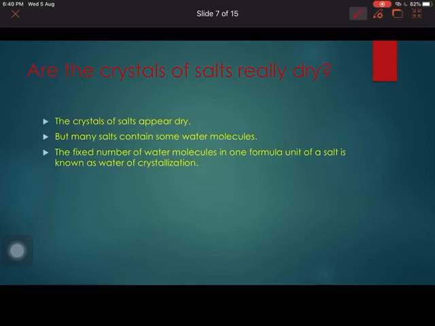You have to remember this. If a fixed number of water molecules are there in a particular salt, then that is known as water of crystallization. Salts that contain water molecules are known as hydrated salts. For example, copper sulfate.